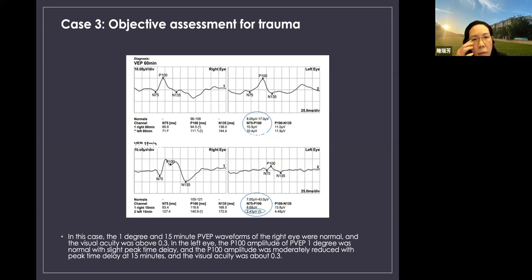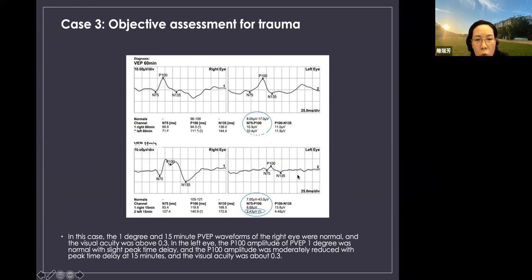Case 3 is a patient with trauma. We need to do an objective assessment of how severe the patient is. For this patient, when we record the 1 degree pattern VEP, the amplitude is almost similar between two eyes.